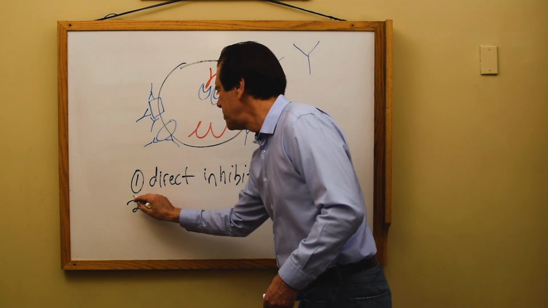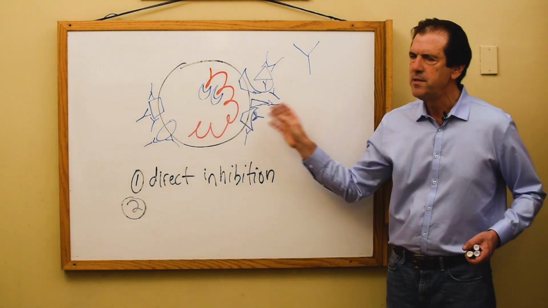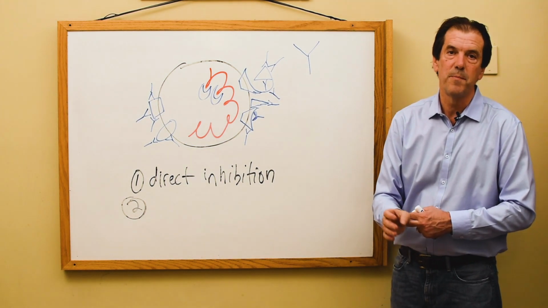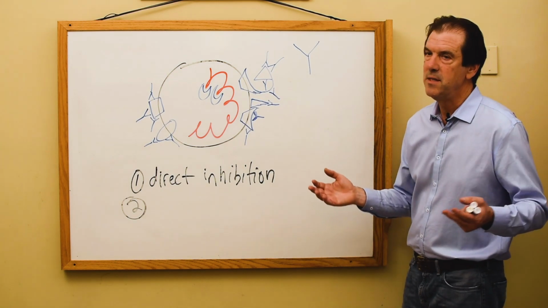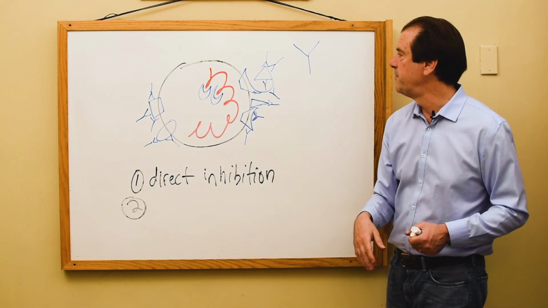Another way in which antibodies can work is that once the virus is coated with antibodies, and remember, there's 60 copies of the spike protein. So if you make a ton of antibodies against the spike protein, potentially you have 60 antibodies bound on the surface of the virus.